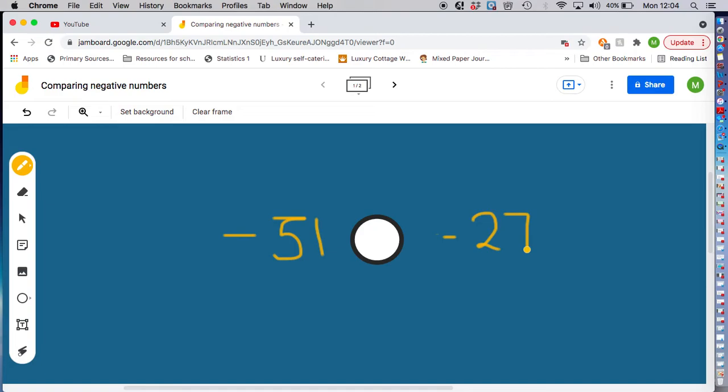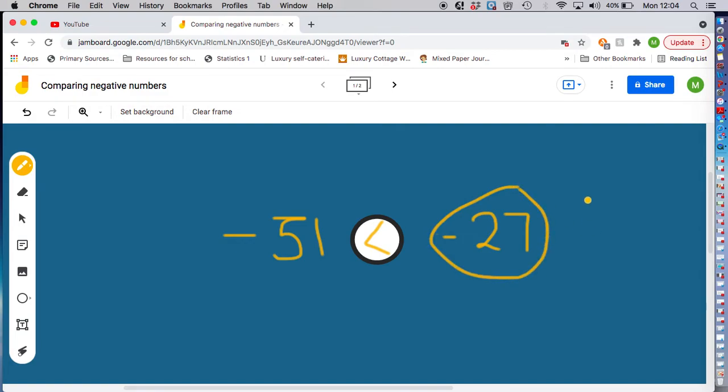Is it the one that's 51 jumps below 0, so far away from 0, or is it the one that's only 27 jumps below 0? Which one's closer to 0? Well done if you said that negative 27 is closer to 0.